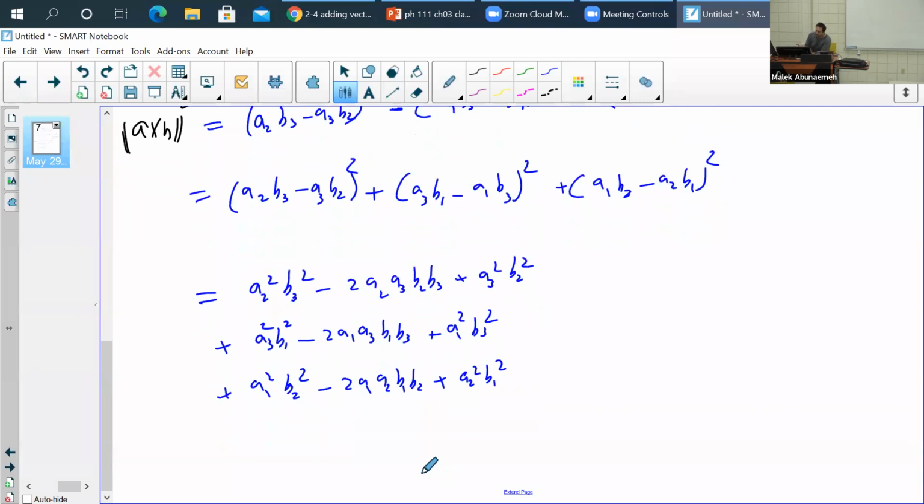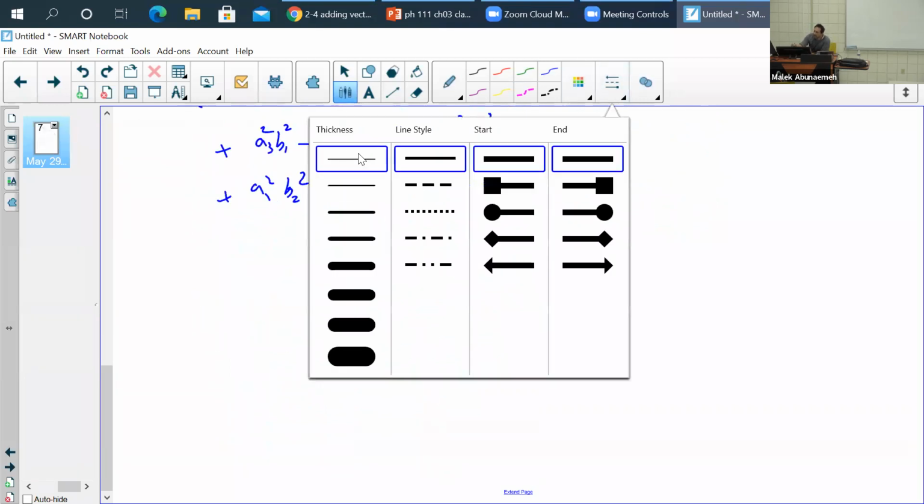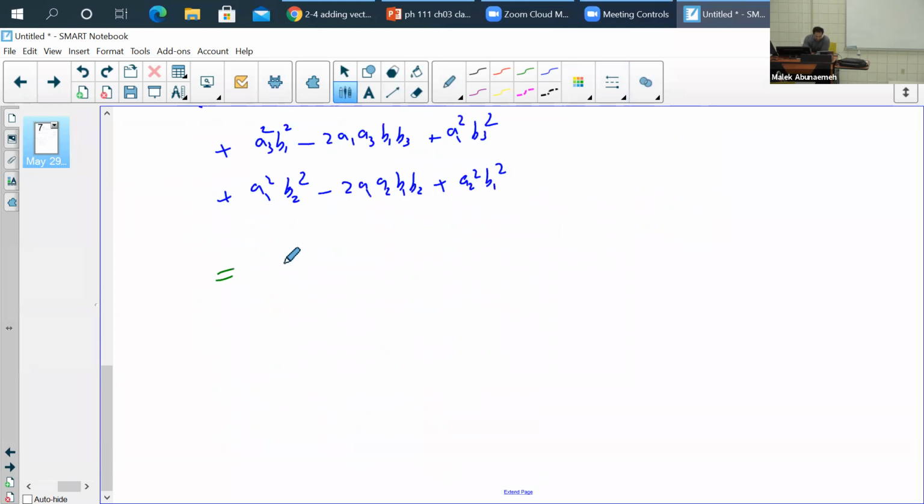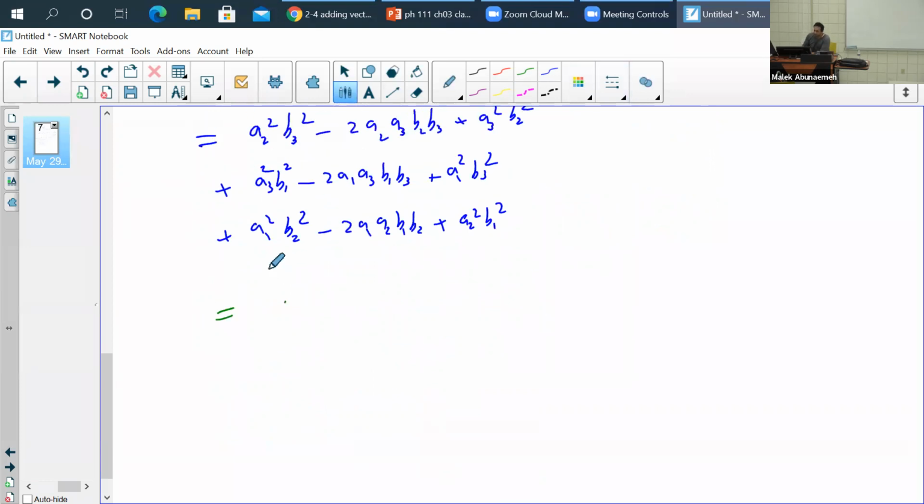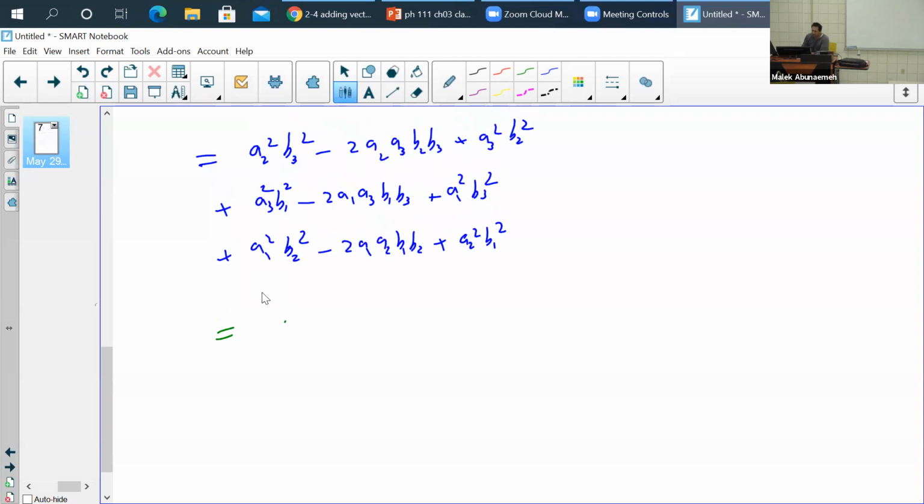Now, solving this, and again, hopefully you like math, this whole thing is going to equal the following. Let's do the A1s first. So you get A1 squared, multiplied by B2 squared plus B3 squared. These are looking like an H. Here's your ones.